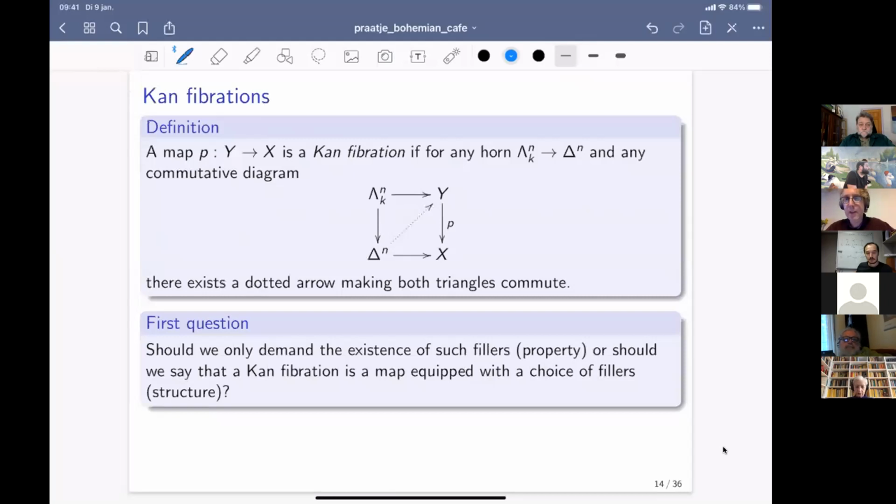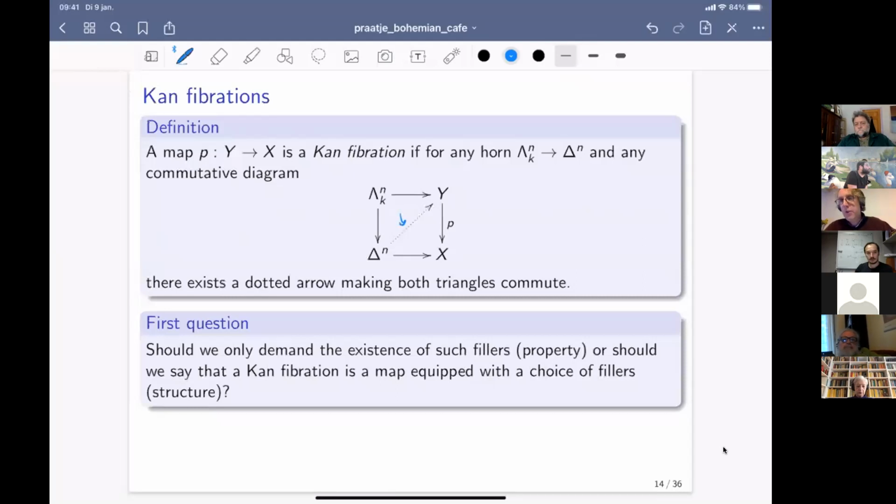The classical definition is phrased in terms of lifting properties. So a map p from Y to X is a cofibration if for any horn and any commutative square, like the one I've drawn, there is a filler, the dotted arrow here, which makes everything commute.